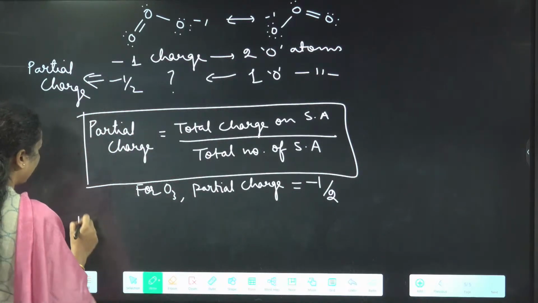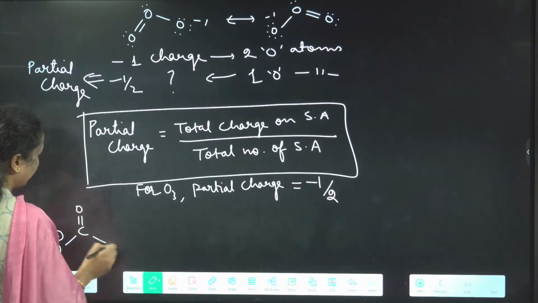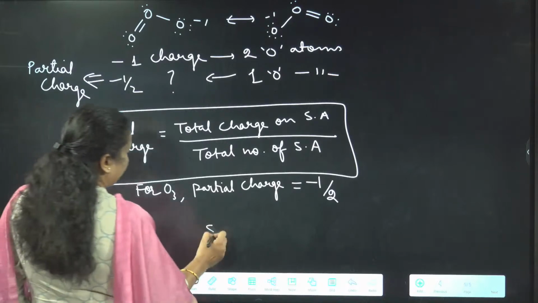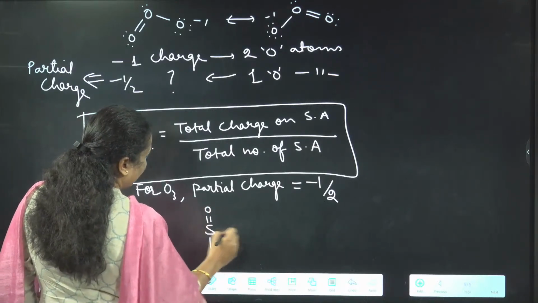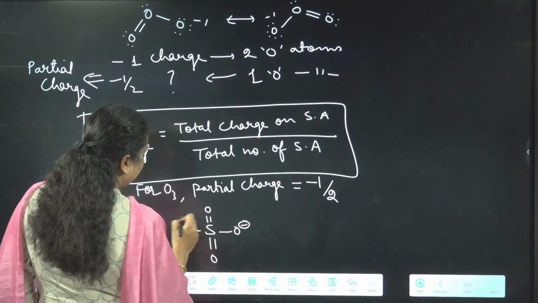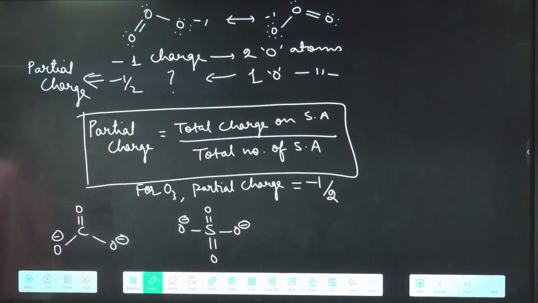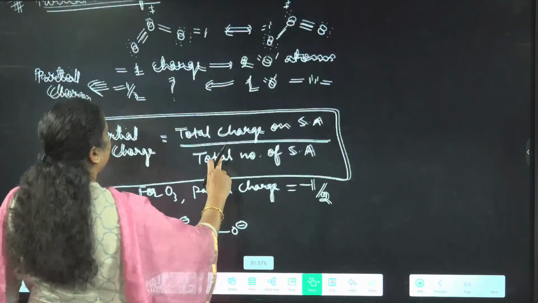Now, suppose I give you CO3 minus 2, calculate that. S double bond O, O minus. Calculate the partial charge here on the surrounding atoms. You can write it and then we can discuss this.